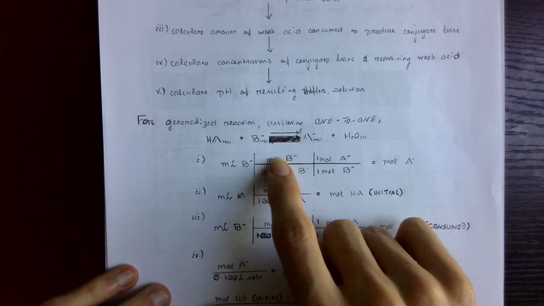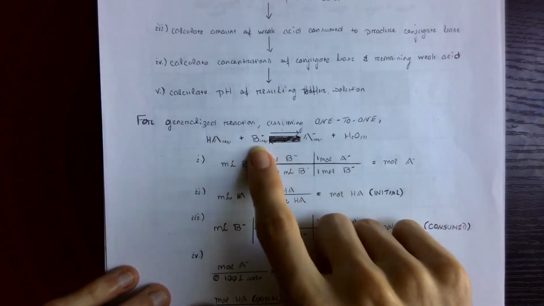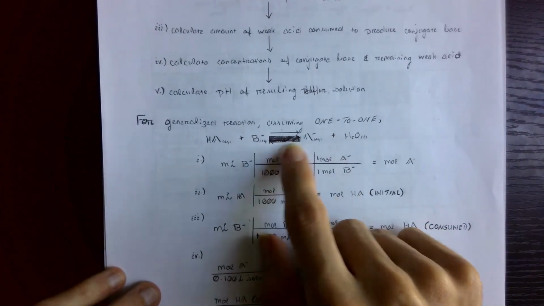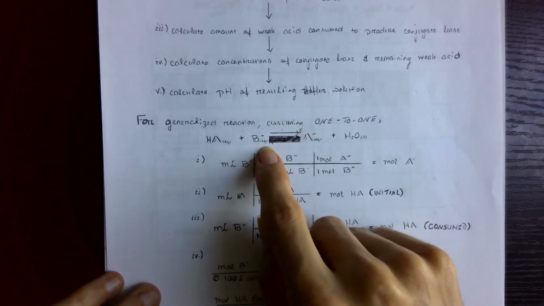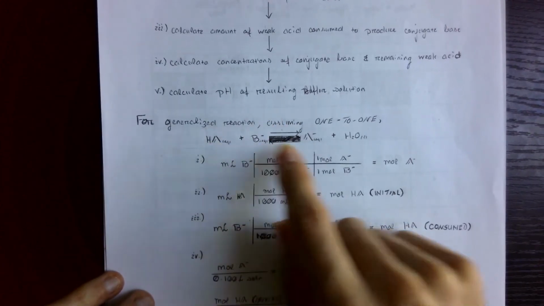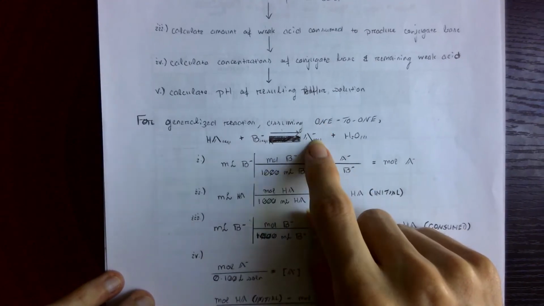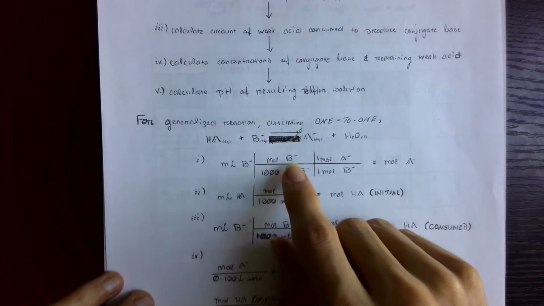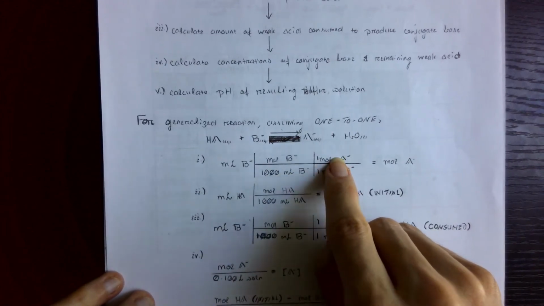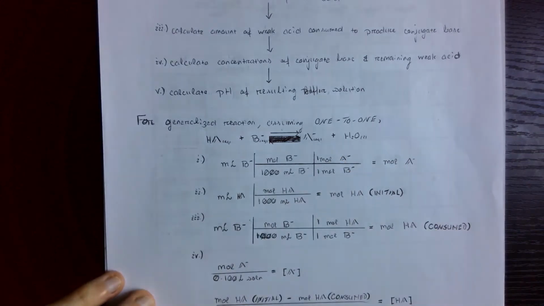And then if you look at the reaction, this is our strong base, this is our conjugate base. The ratio is 1-to-1. For every 1 mole of strong base that's consumed, you produce 1 mole of conjugate base. So milliliters of strong base to moles of strong base, moles of strong base to moles of conjugate base. And that's how you get your moles of conjugate base.